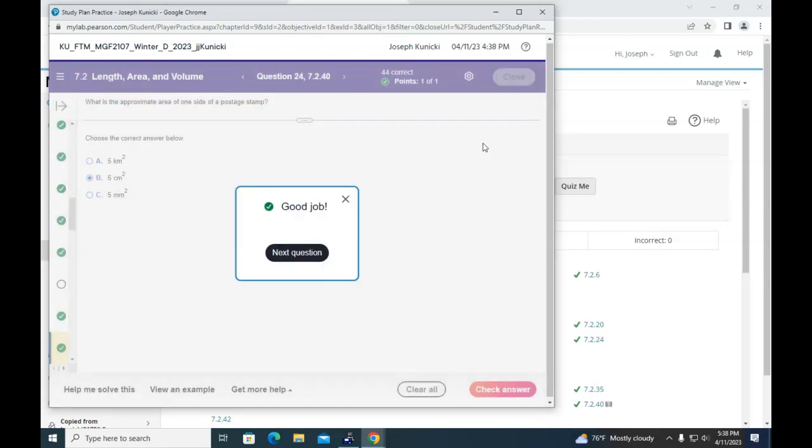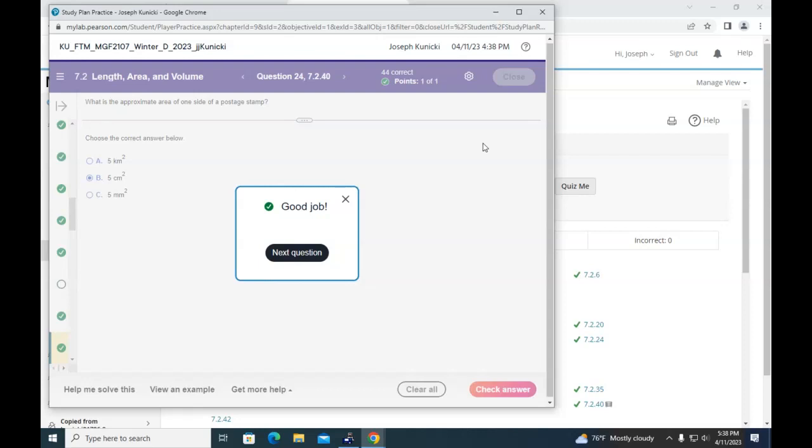Very small. If there's 2.5 centimeters per inch, there's 25 millimeters per inch. And if this is 5 millimeters squared, you'd have the square root of 5 if it was a square. The square root of 5 is between 2 and 3, so let's call it 2.5.